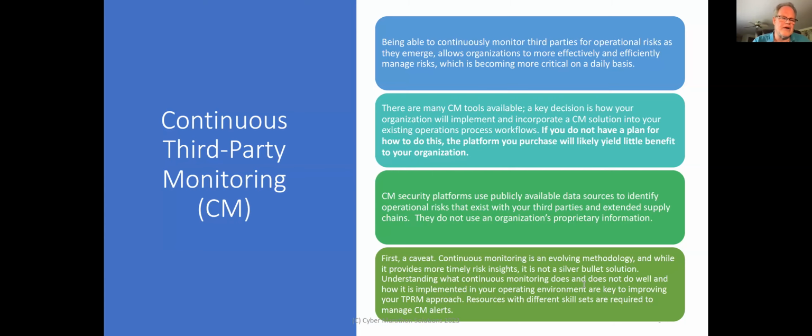And it lets you know about that, and it breaks it down into various categories, and it scores the third party overall based on risk. So by leveraging continuous third party monitoring, you become aware of vulnerabilities as they arise at third parties.